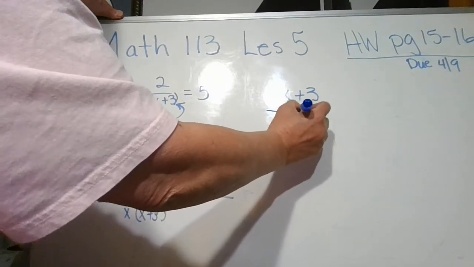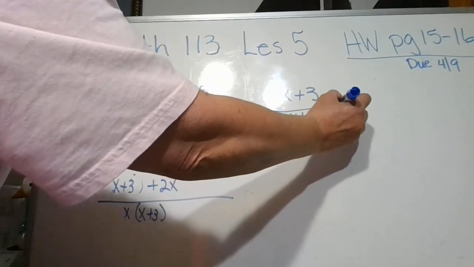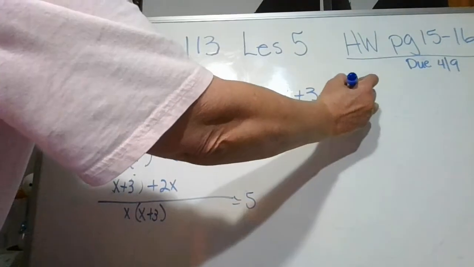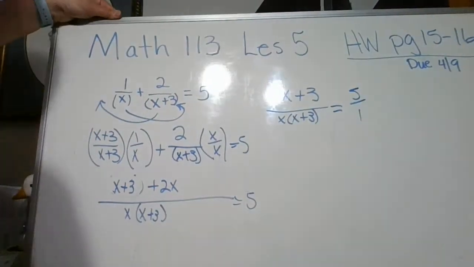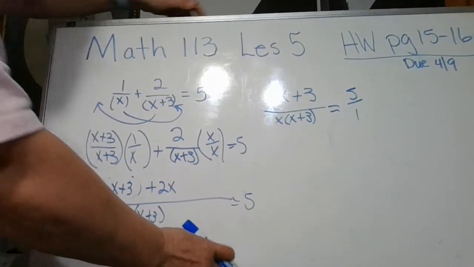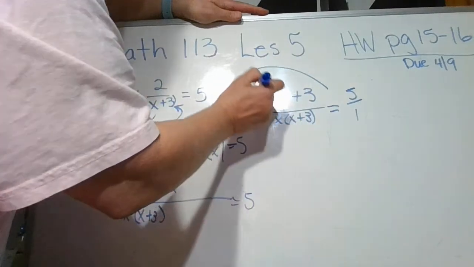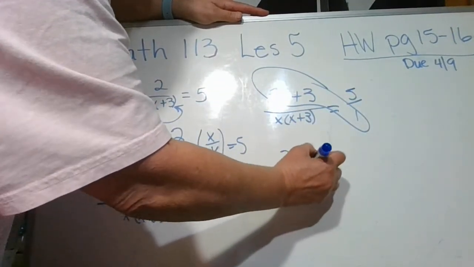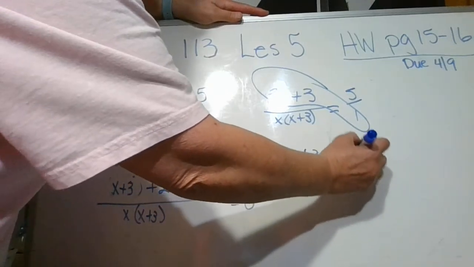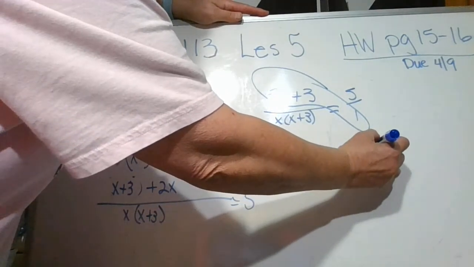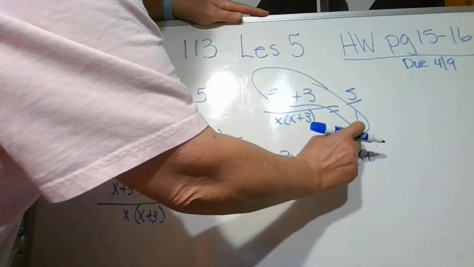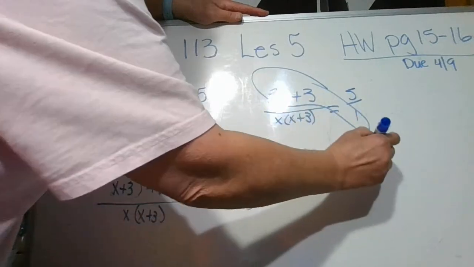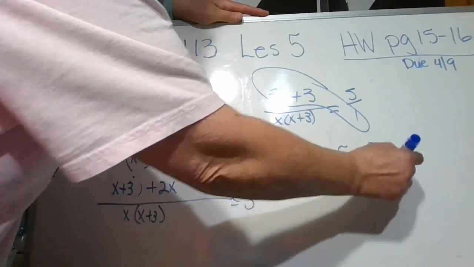X times x plus 3. And that, my friend, I didn't bring that down, but it's equal to 5. I'm going to set it equal to 5 over 1. Why? Because I like to do the proportions. So 1 times this, which would be 3x plus 3, is equal to 5 times x times x plus 3.